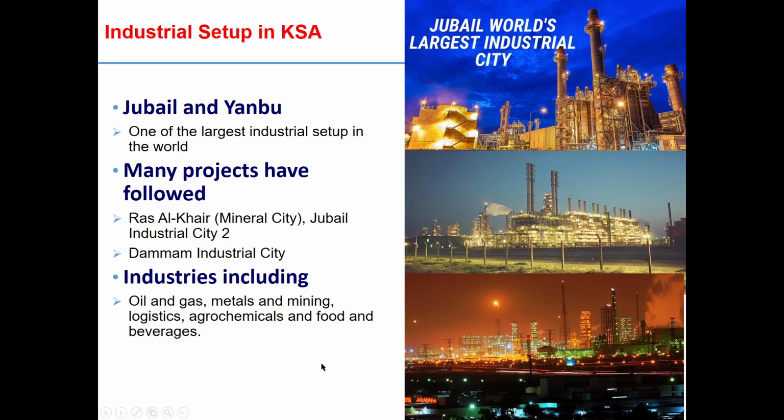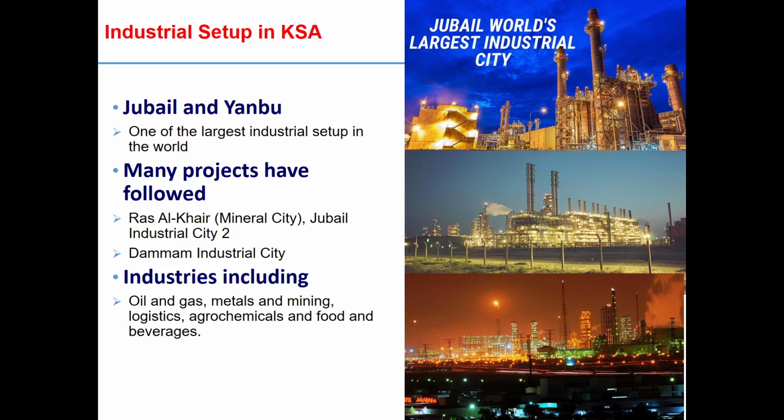The industrial setup in the Kingdom of Saudi Arabia has been flourishing since 1980, and it is still growing, especially the industrial cities of Jubail and Yanbu, among the largest industrial setups in the world, and also the developing city Ras Al Khair, which is also called the mineral city.